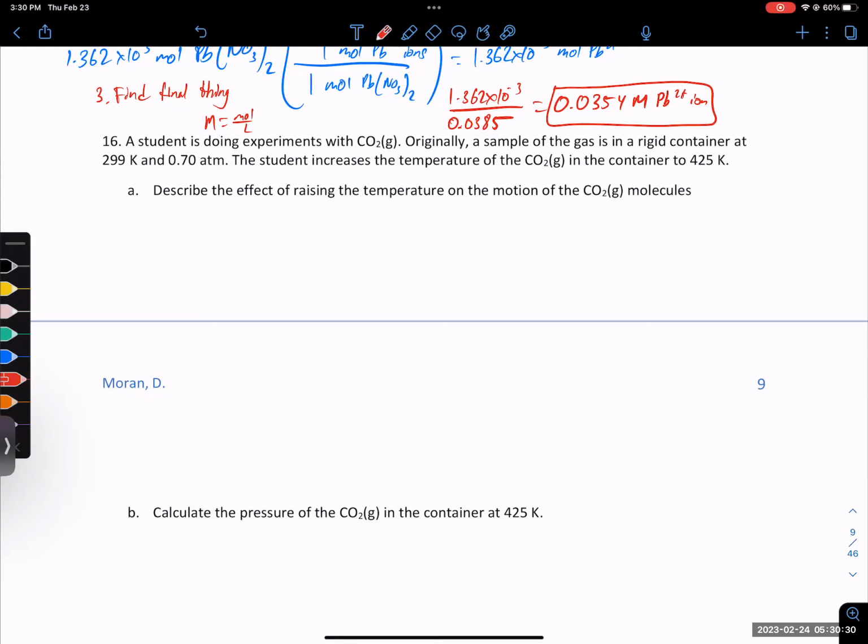The collisions against the container wall, that's true. All right, so increased collisions against the container is a byproduct of, well, let's start with the most basic thing. What is temperature the measure of?